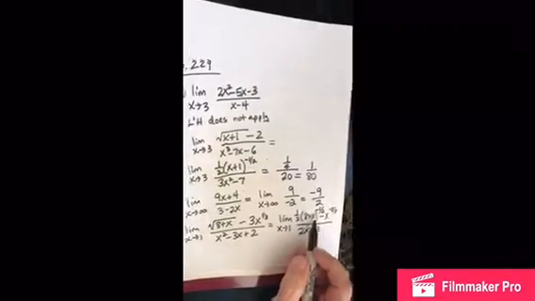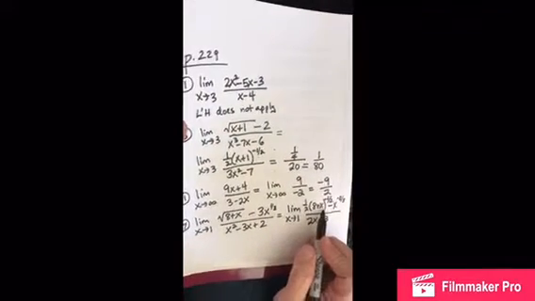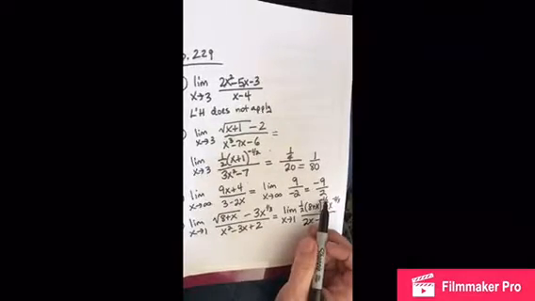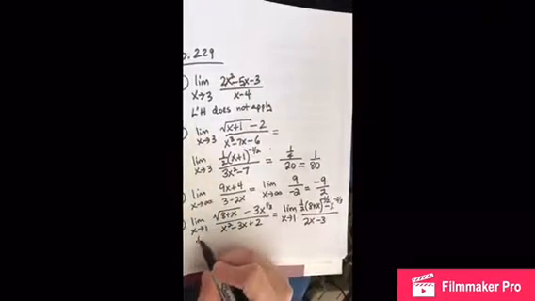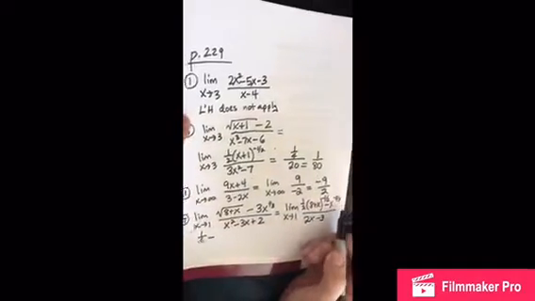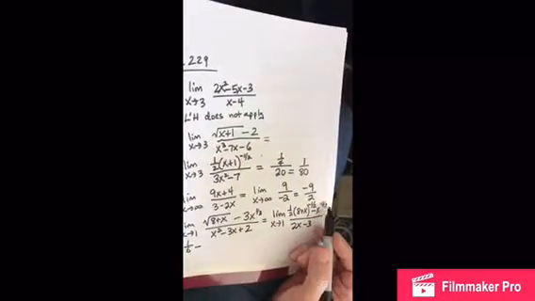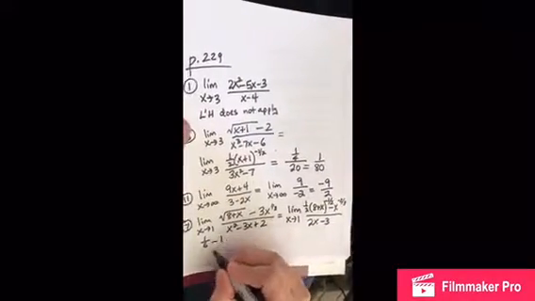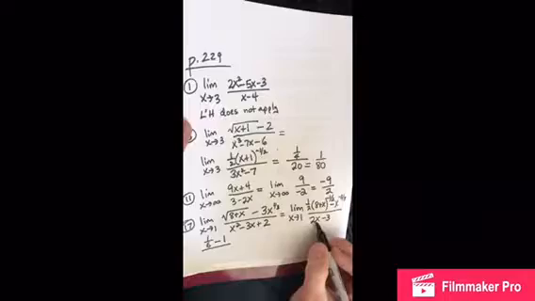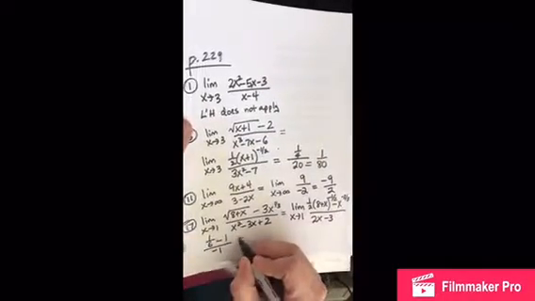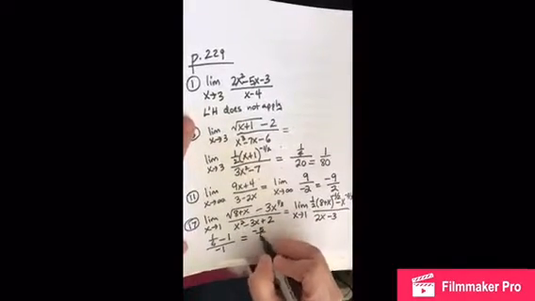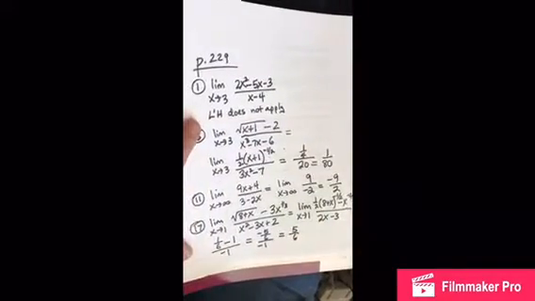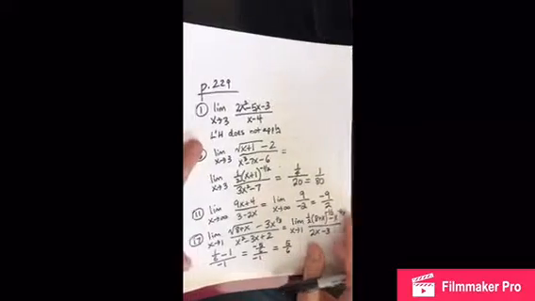So if we put the 1 in there this time, in the numerator, we'll have 8 plus 1 is 9, square root of 9 is 3, 3 to the negative 1 is 1/3, times 1/2 is 1/6, and then the cube root of 1, well, 1 to anything is going to be 1, so that's going to be minus 1. In the denominator, 2 times 1 is 2, minus 3 is negative 1. So we'll have negative 5/6 over negative 1, which is 5/6. So that would be evaluating the limit using L'Hopital's for number 17.